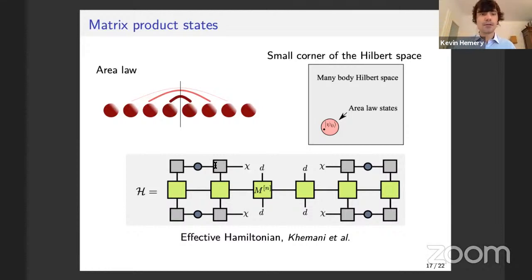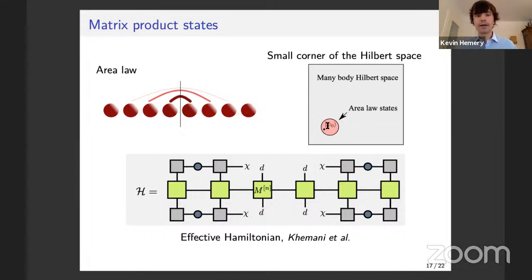There are 2 main ingredients for this numerical method. The first ingredient, in order for it to work well, you need to have area law. And this is perfect for MBL because we have seen that the eigenstates follow precisely area law. This is the reason why MPS works.